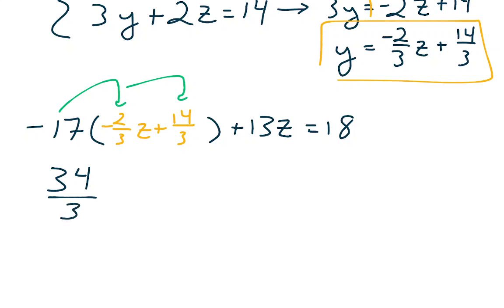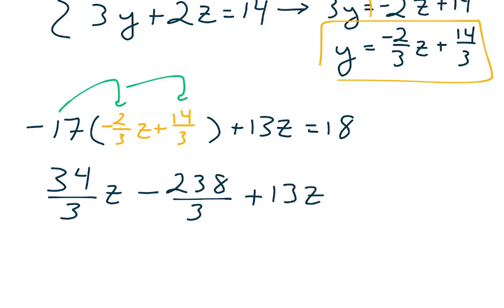Keep the divide by 3. I'm going to have to multiply negative 17 times 14. You get negative 238. I'll just write that as a minus sign. But yeah, you get negative 238. It's still divided by 3.